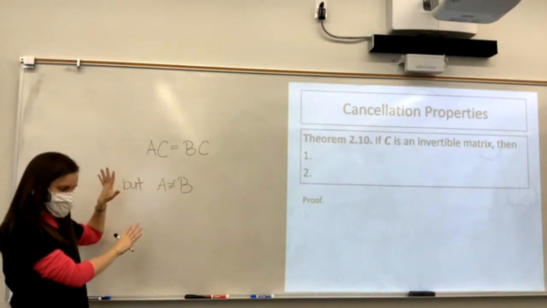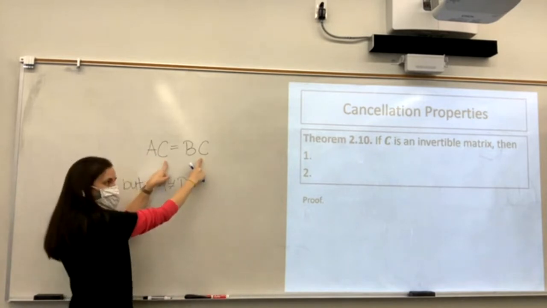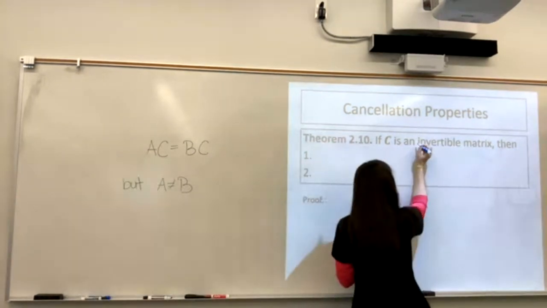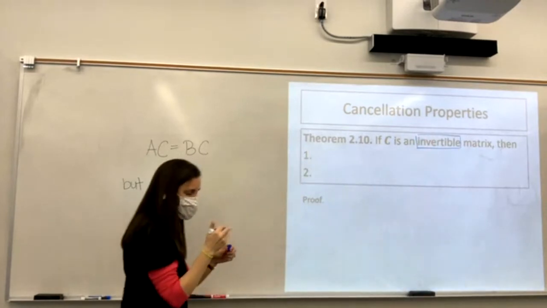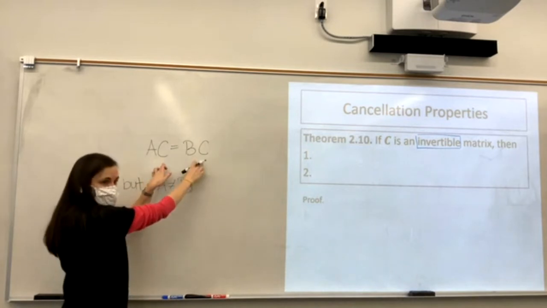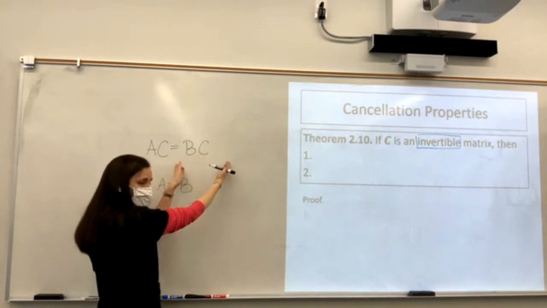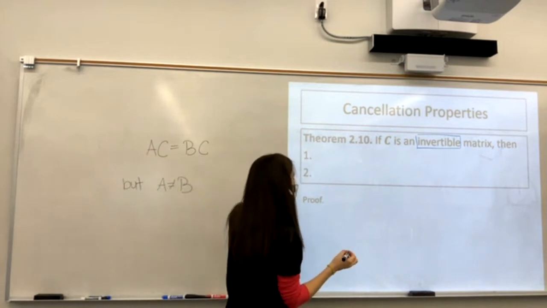But if I know more about this C, in particular, if I know that C is an invertible matrix, then in that case, I can cancel it because I can multiply on both sides by the inverse. So that's what this theorem says.